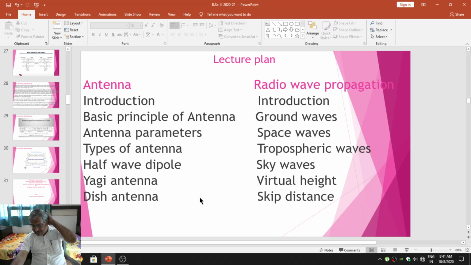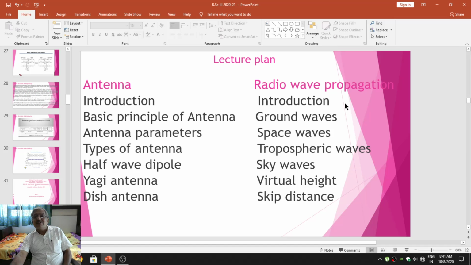After that, in the second part, we are going to study the propagation of the radio waves, where we are introducing the radio waves. We are going to study different paths of propagation of the radio waves.